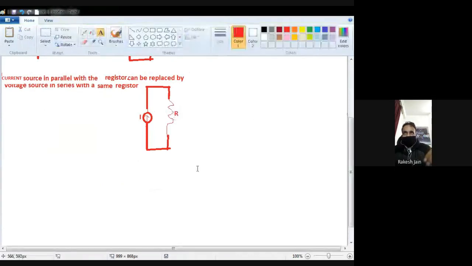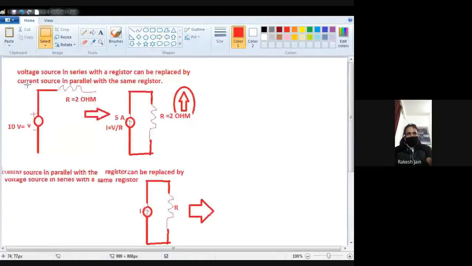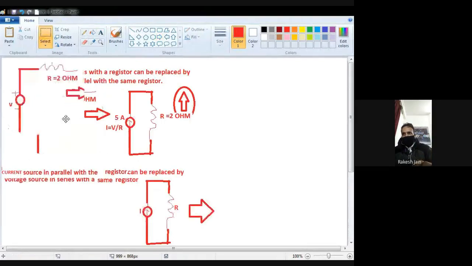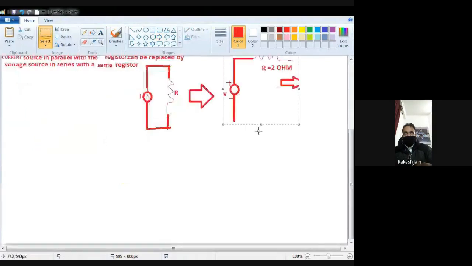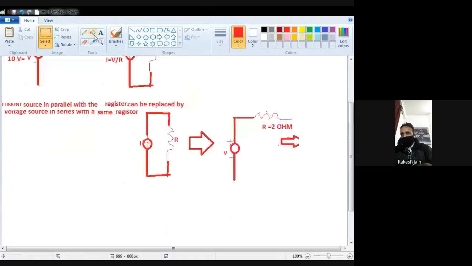If I want to apply the source transformation here, we can easily replace the current source in parallel with a resistor by a voltage source in series with a resistor, where the resistance value stays the same.